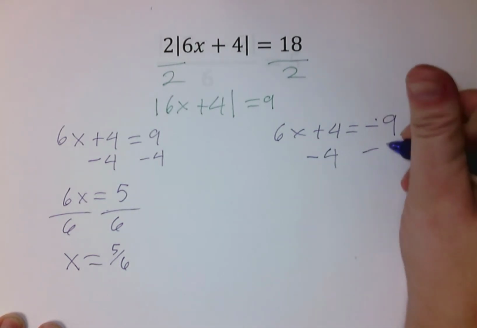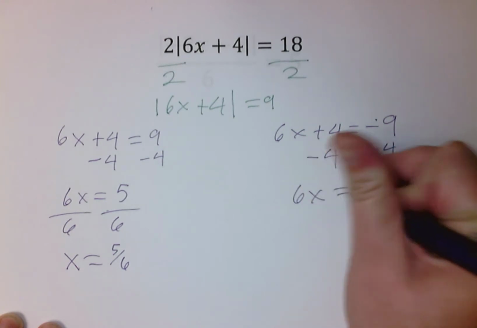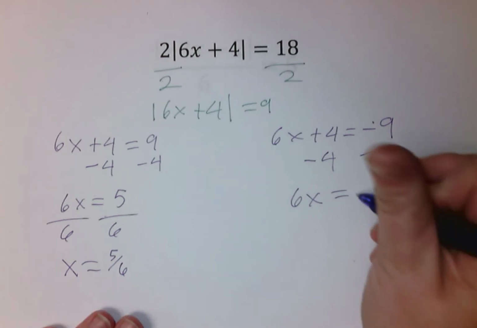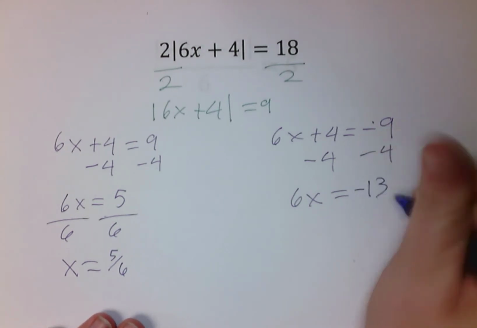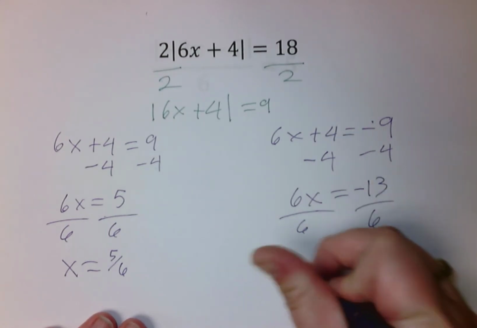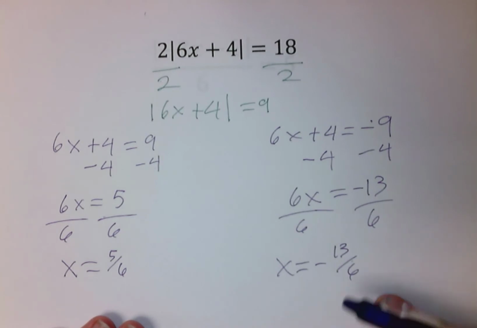Subtract 4, 6x is equal to negative 9 minus 4, which is negative 13. Divide both sides by 6. Again, does not simplify, so x is equal to negative 13 over 6.